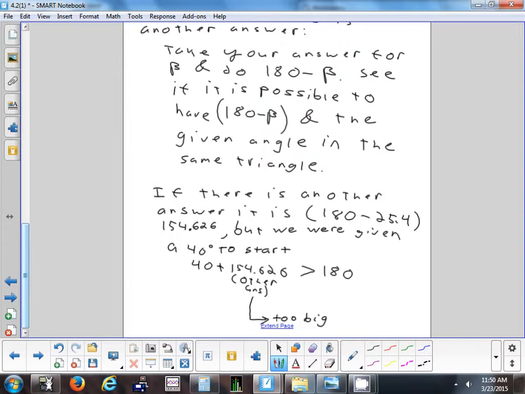Now, if you added it to a number and it came out to less than 180, you would have been good. It would have worked. We'll go through a problem like that tomorrow. Okay, for today, the second answer will not work. So this is going to be a normal one-solution problem from here. So any question how I got the second answer or how I figured out it was too big?